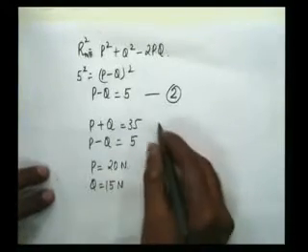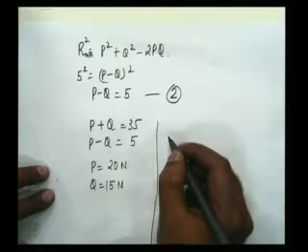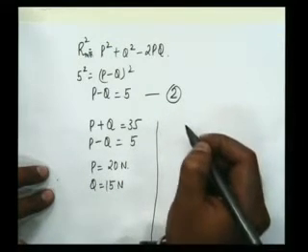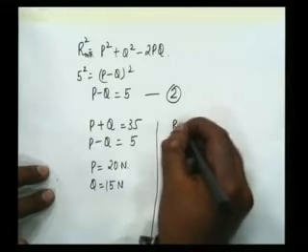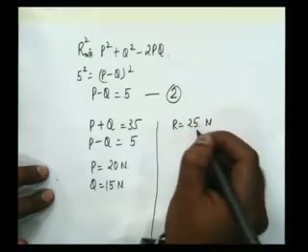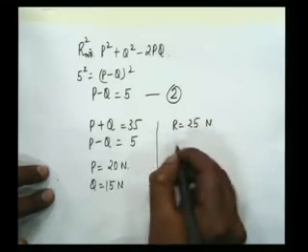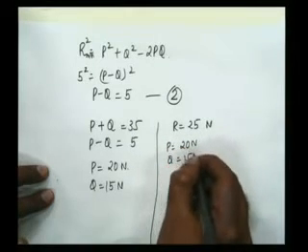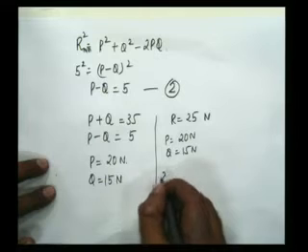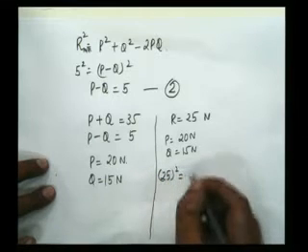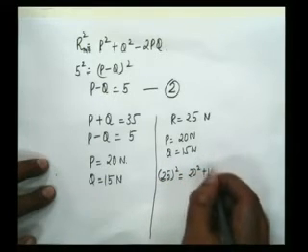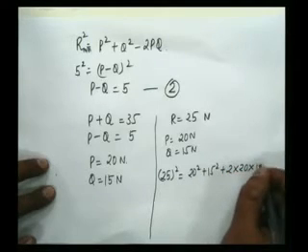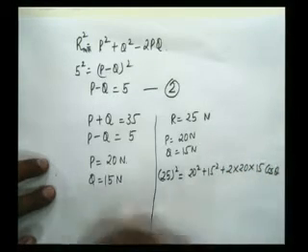Now the next part of the question was what would be the angle between these two forces when the resultant is 25 Newton. So we have P equal to 20 Newton and Q equal to 15 Newton. The equation is 25 square is equal to 20 square plus 15 square plus 2 into 20 into 15 cos theta.